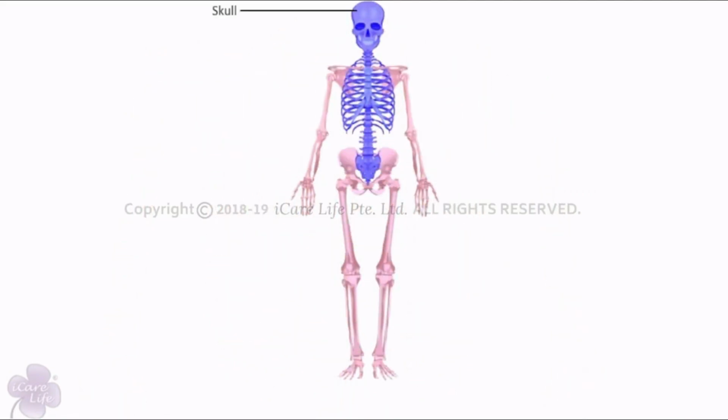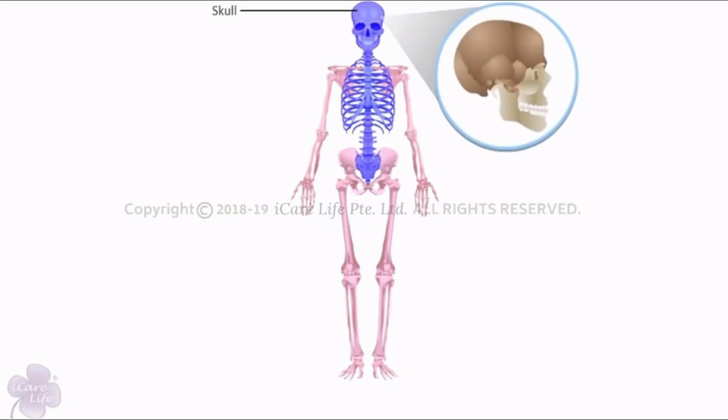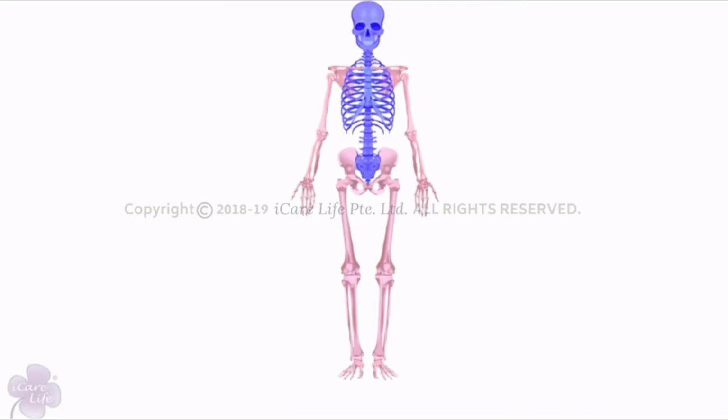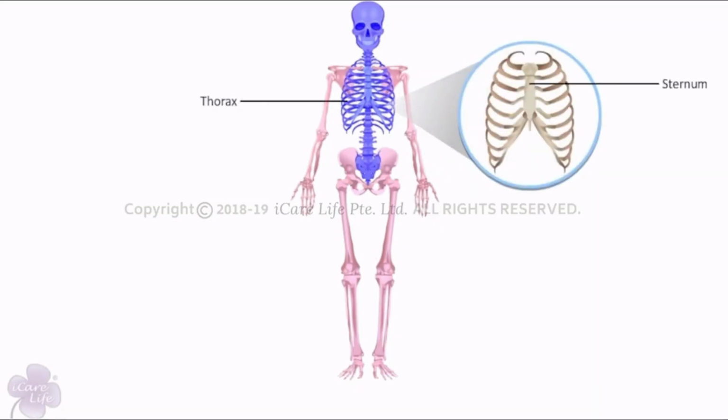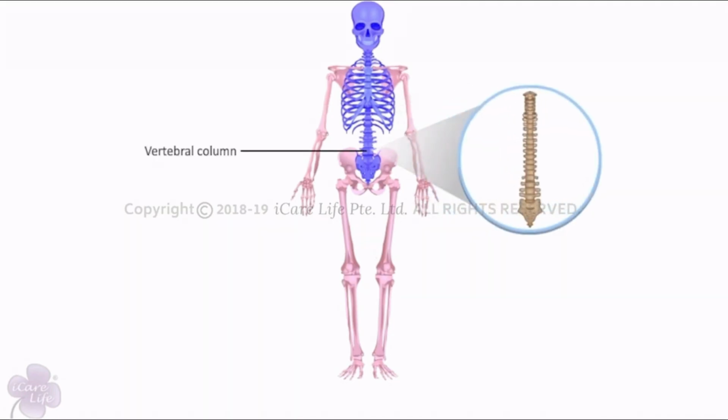The skull, vertebral column, and thorax are made up of many bones. The bones in the skull are cranial bones and facial bones. The bones in the thorax are the sternum and ribs. The vertebral column contains many bones known as vertebrae.